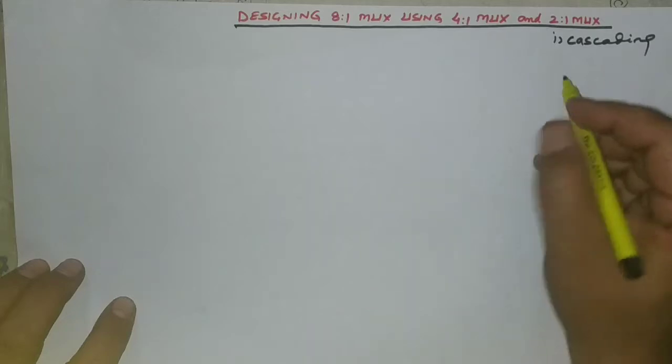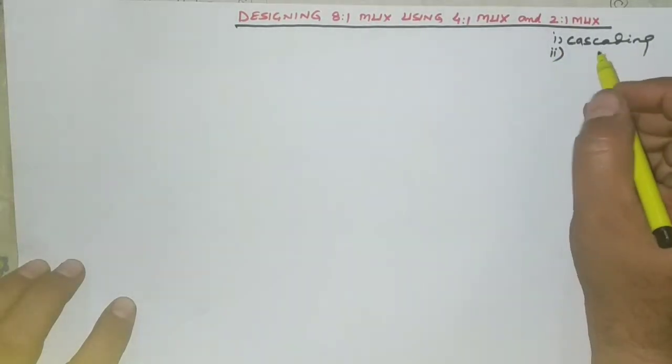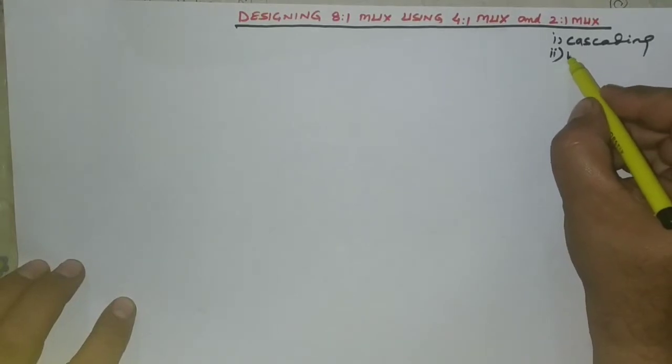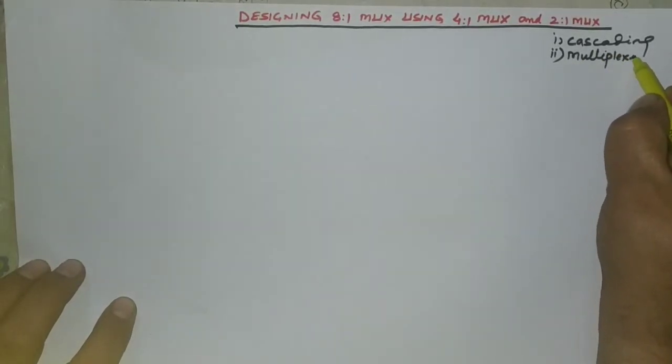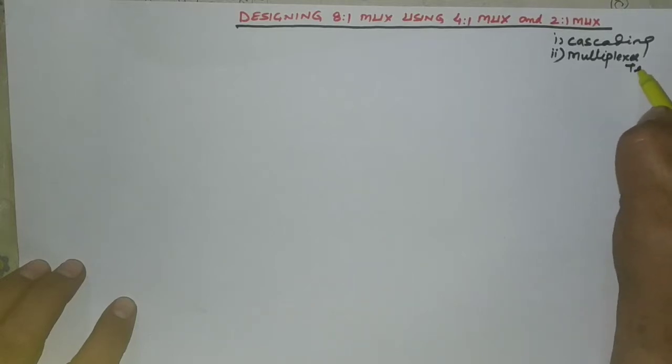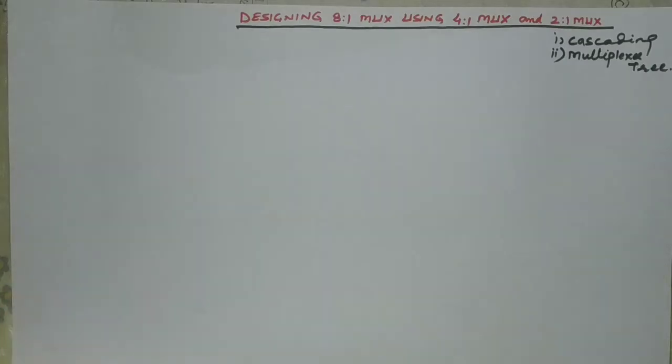Cascading means arranging one after another. And obviously this also comes under the concept of multiplexer trees, in which 2 or more multiplexers are arranged in some sequence so as to make it a bigger multiplexer.